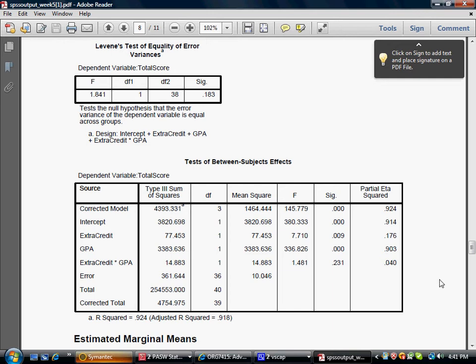If it is significant, remember significance means the p-value is less than 0.05, that means they vary together and we can't use that covariate in the analysis. However, if the interaction is not significant, it means these 2 variables are independent, so covarying out one of them won't impact our observation of the effects of the other one. Because if they covary and we use one of them and pull that effect out, that's going to impact whether the other one is related or not to the dependent variable. So we need to check this interaction.